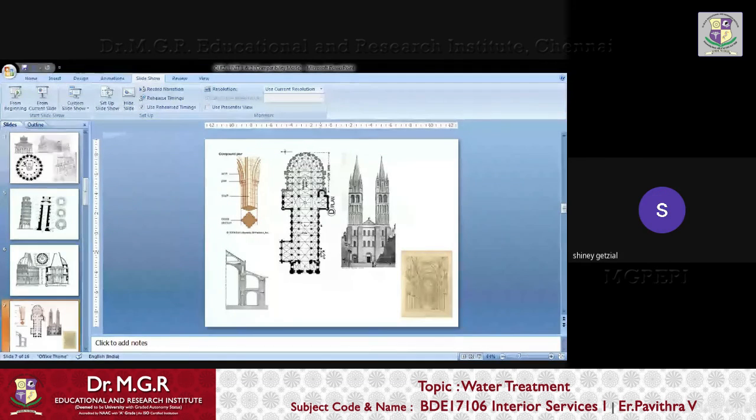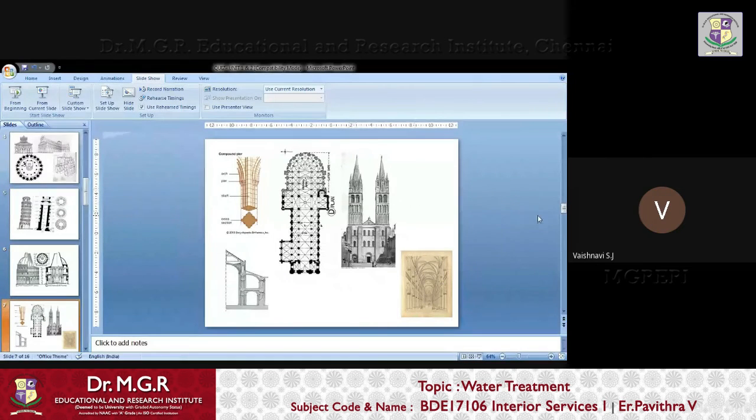Durham, ma'am. No. Abbey of Caen, ma'am. Yes, Abbey of Caen. Plan of the Abbey of Caen.